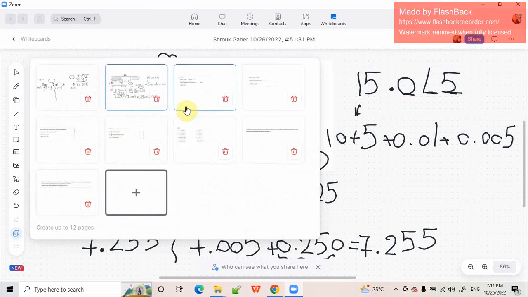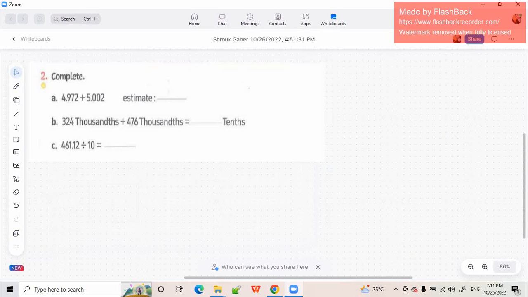Okay, now let's take another question. Here he wants us to complete. The first one is 4 and 972 thousandths plus 5 and 2 thousandths. He wanted to estimate the sum. Before we add, we must estimate each number alone.